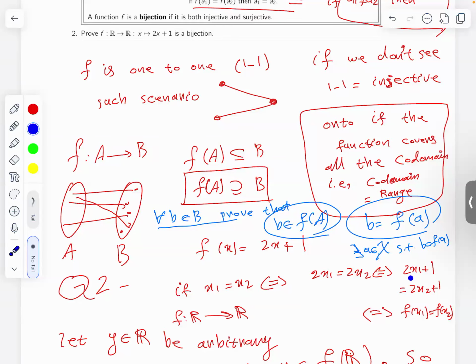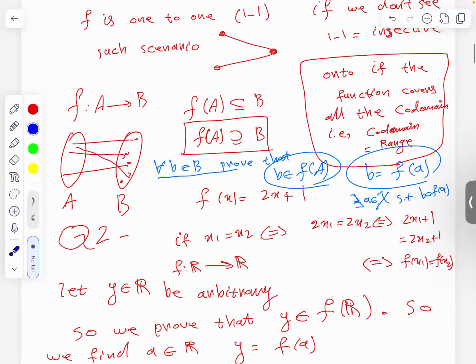Adding plus 1 to both sides, it will be 2x1 plus 1 equals 2x2 plus 1. From here, f of x1 is equal to f of x2. But this is an easy function. This is reversible. From here, you can go back, minus 1 divided by 2, you can get it. So this is a function which is also one-to-one.